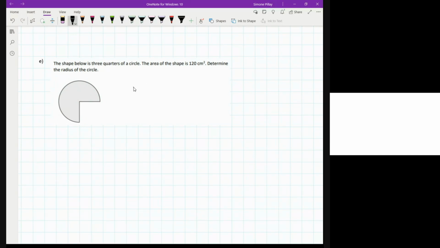Immediately, I know the area of a full circle is pi r squared, but this is only 3/4 of a circle. So immediately I know I should be multiplying this formula by 3/4. Essentially, I take pi r squared, the area of my full circle, and divide it by 4 to get 1/4 of the area.